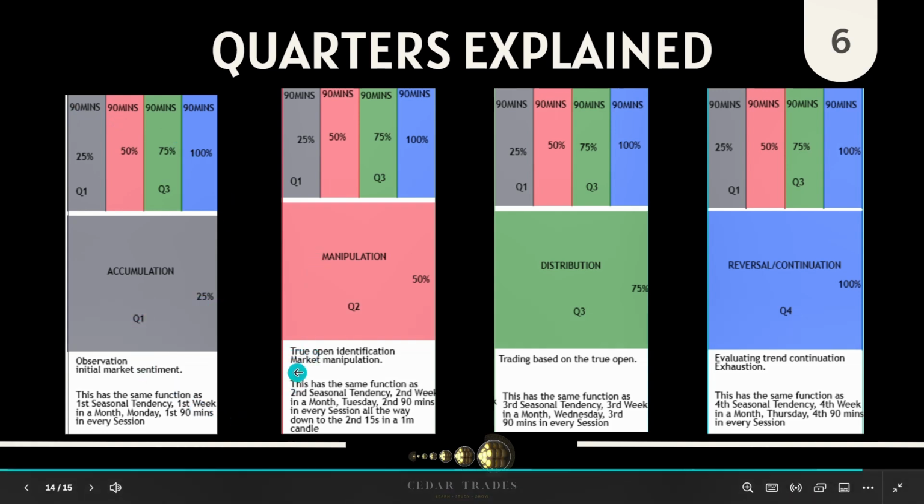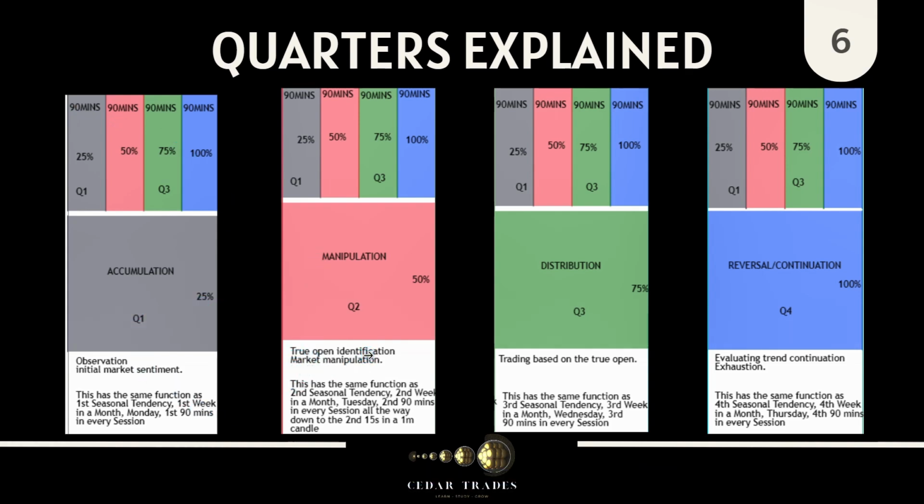Now this second quarter marks your true open, or it's used for true open identification for market manipulation. This has the same function as the second seasonal tendency, your second week in a month, your Tuesday, your second 90 minutes in every session, all the way down to the second 15 seconds in a 1 minute cycle.